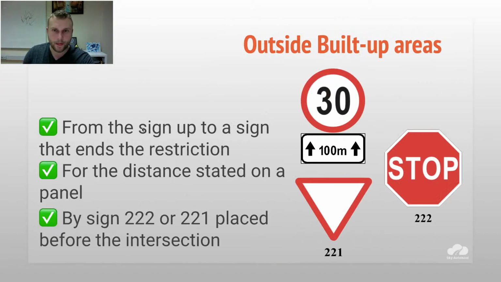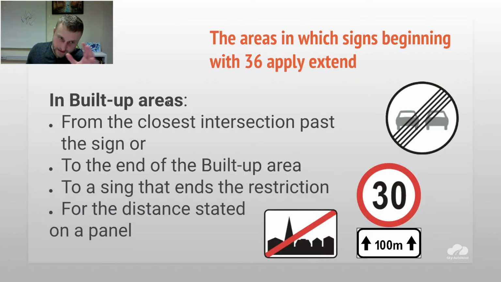Once again, last time we talked about these areas and what exactly cancels the speed limits, for example, in the city and out of the city. So here we can observe it once again. If you are driving in a built-up area and you have a 30 sign, don't look at this additional panel.